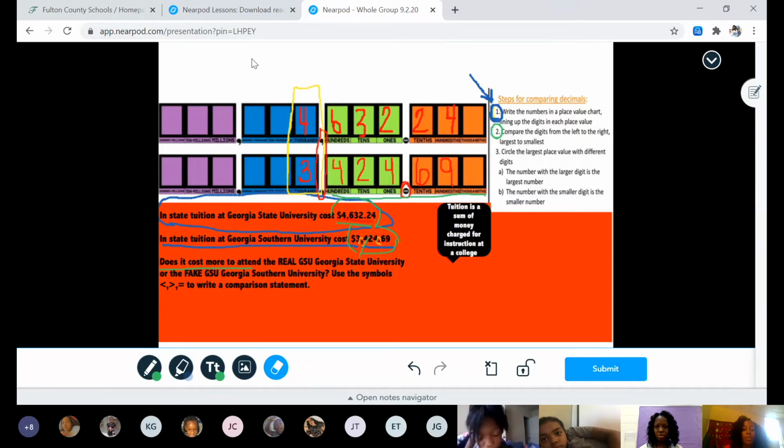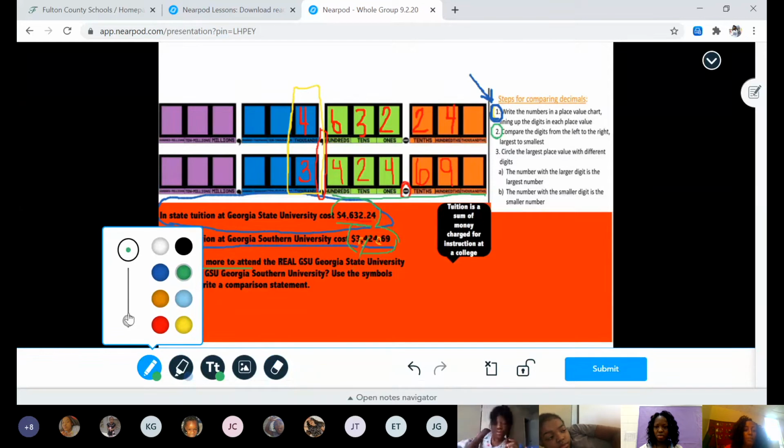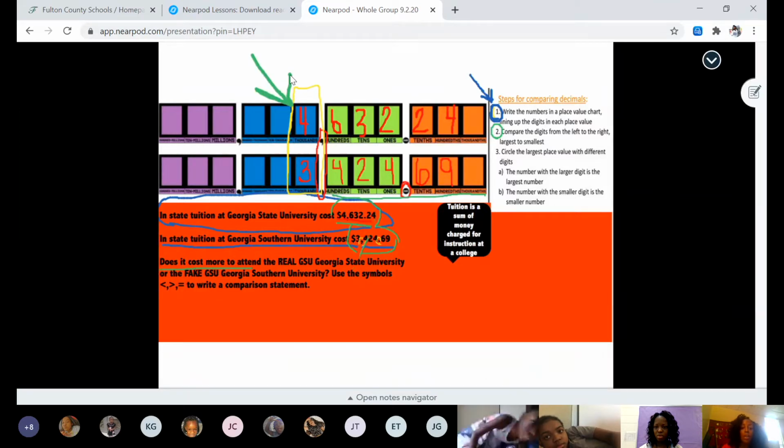It's gonna cost more. So guys, make sure you're looking here at the chart. Thank you for helping me out, Ashlyn, with letting me know that 4 is greater than 3. So I'm gonna use that information, y'all. The first number right here, that's Georgia State. And the second number on our chart, that's Georgia Southern, the fake GSU.